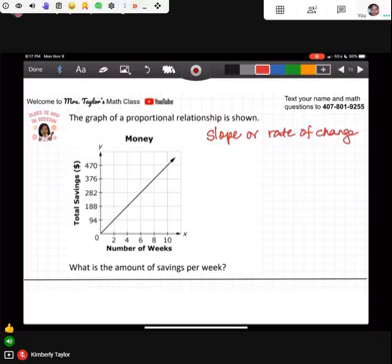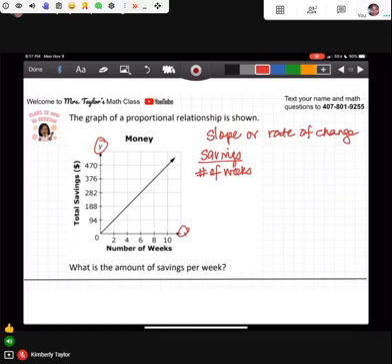So in this case, we're trying to figure out the rate of change, or the slope. And in this case, it's going to be savings over the number of weeks. Okay, so that's what slope is. The y values over the x values.